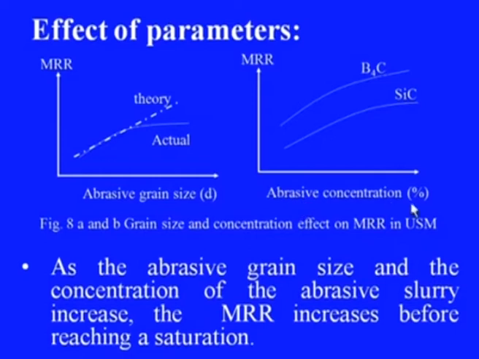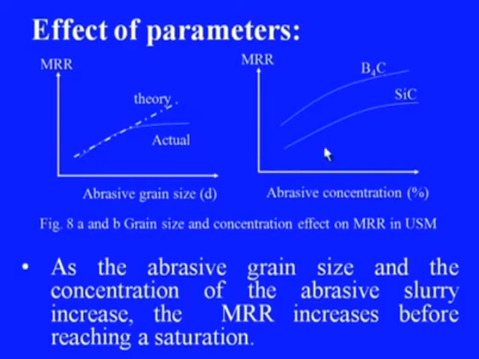Then as far as the abrasive concentration is concerned, this shows that as abrasive concentration increases, that means the percentage of abrasive present in a particular volume of slurry media, the material removal rate also increases.